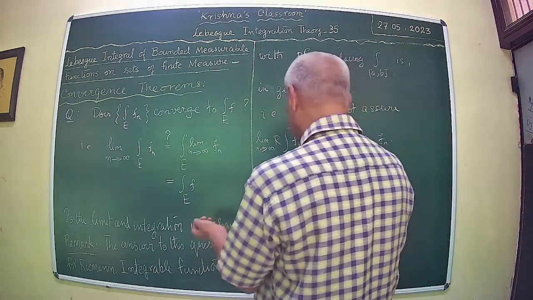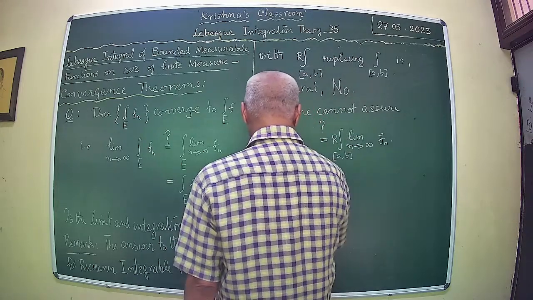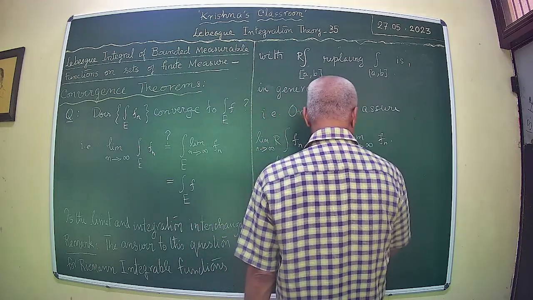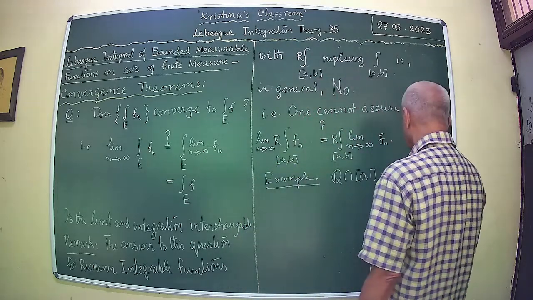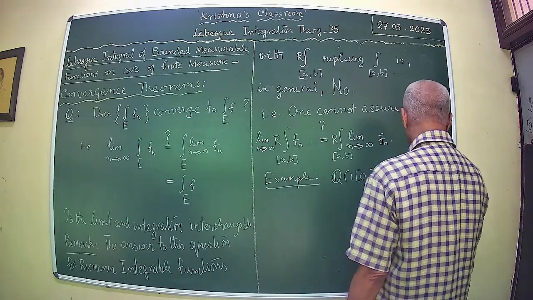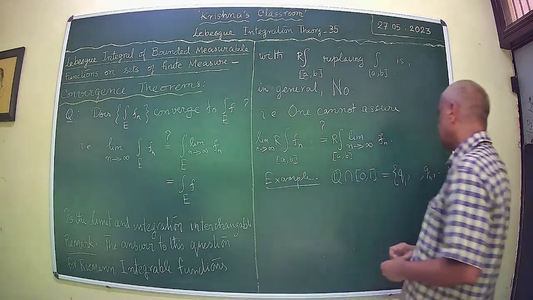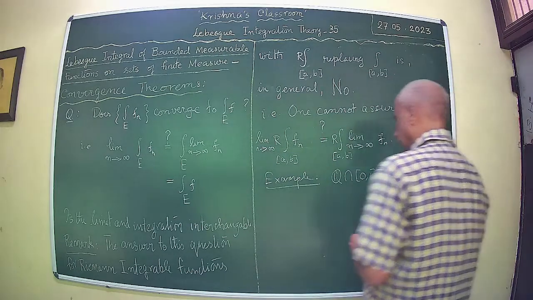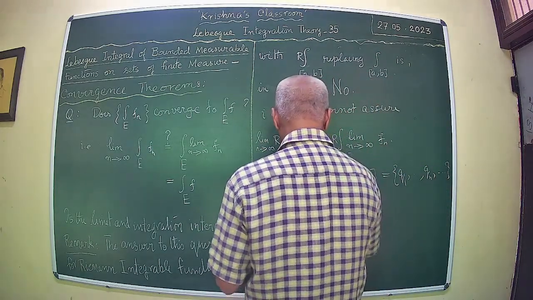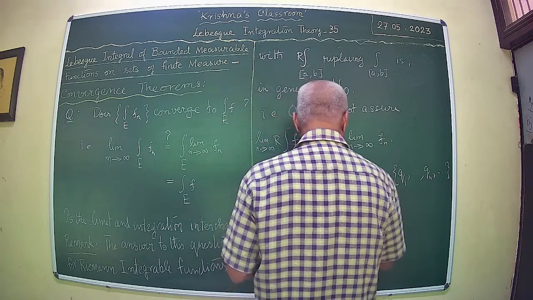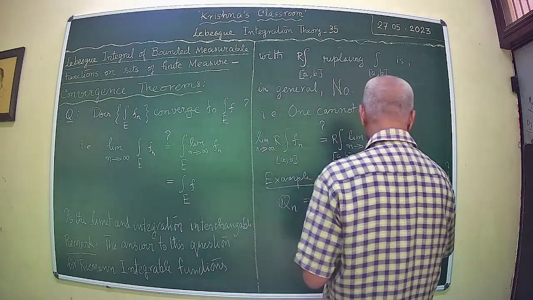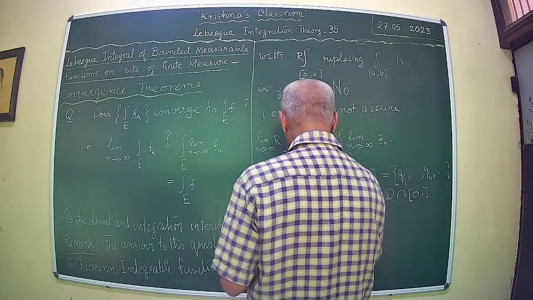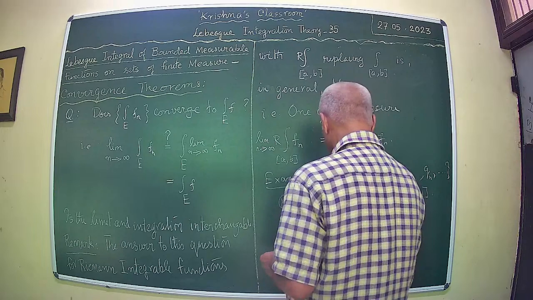Here, of course, the example that we have looked at is this: Q intersection [0,1] is a countable set of rational numbers, so you can enumerate it as Q1, Q2, etc. Now if you write Qn to be this collection, look at Fn defined by the characteristic function of Qn.